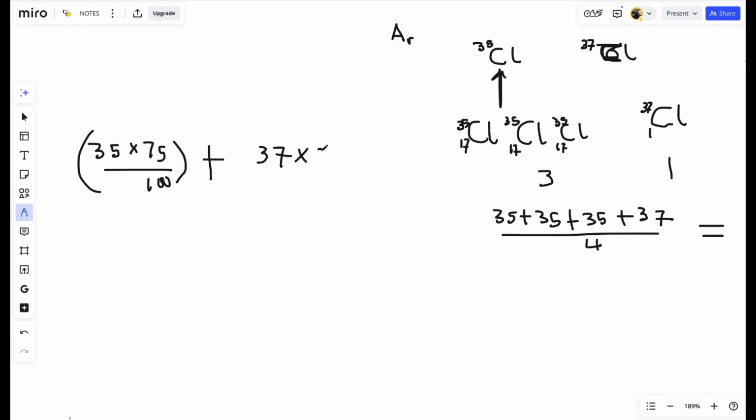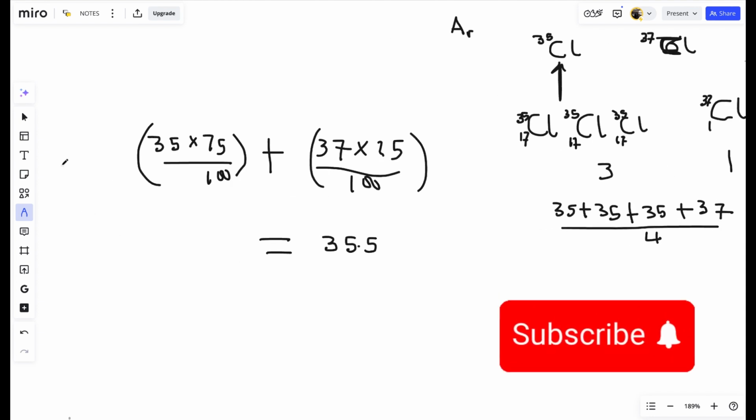They can give it in a graph, so you read the value from the graph, or they give it as a percentage over 100. When you solve these, you get 35.5. Key this in your calculator, and you get 35.5. So our Ar is 35.5.